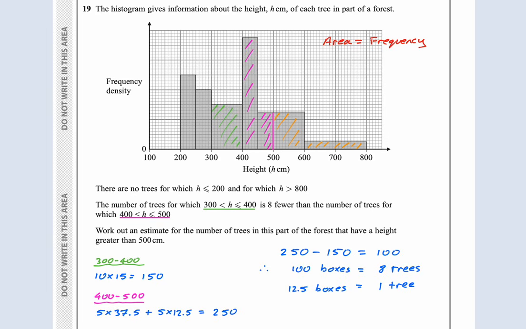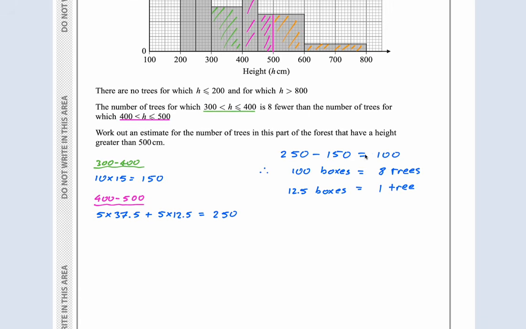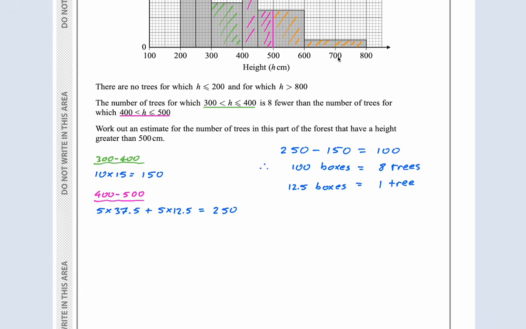Now we're going to work out the orange. Let's look at the orange area. That's my 500 to 800. Let's do it here. So it's 10 times 12.5 plus 20 times 2.5.